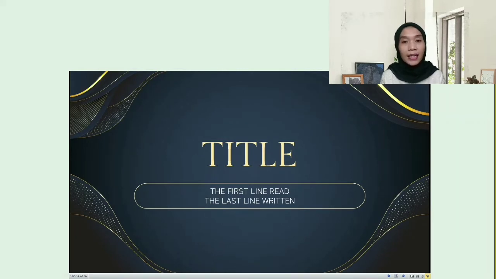As written here, the title is the first line read, but it's the last line written. Of course, when you read a thesis, the first thing you read is the title. It represents the content, what you are expecting to read in the thesis. But in fact, that's the last line written. I mean, you need to finish the whole thesis in order to write a good title, so the good title represents the content.